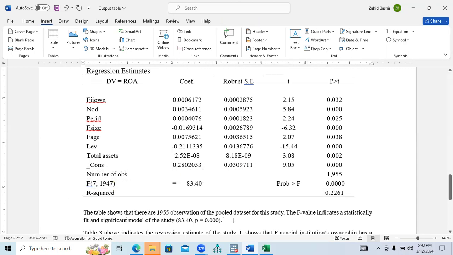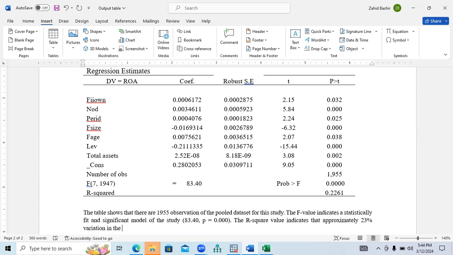Then we need to interpret the R square. The R square value indicates approximately 23% variation in ROA is explained by the variation in independent variables of the study.